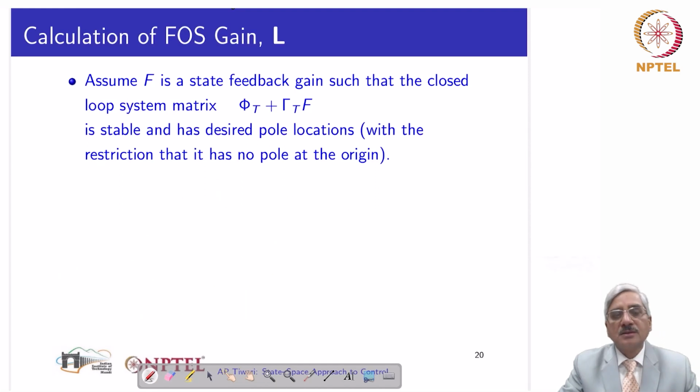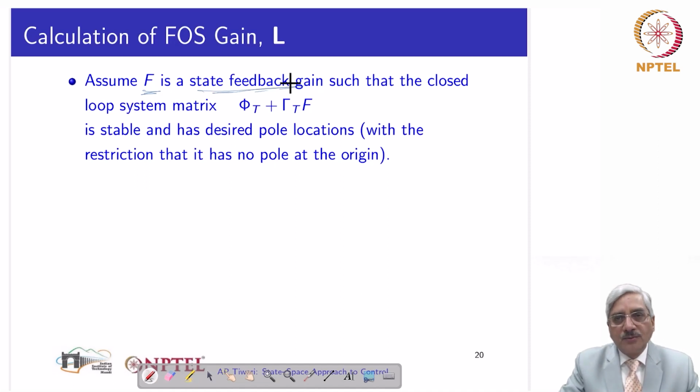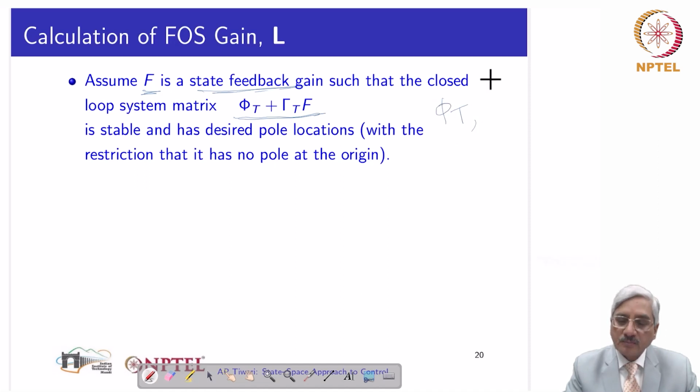So we evolve the equations using which we can design L, and for that we need to know a state feedback F. So by using any of the various well-known methods, we first design a state feedback gain F such that phi T plus gamma T F, where phi T, gamma T are the matrices characterizing the continuous time system sampled at the rate T, capital T. So for the system sampled with sampling period capital T, which is given by phi T, gamma T, we design a state feedback gain F such that this closed loop system is stable as well as has desired pole locations.